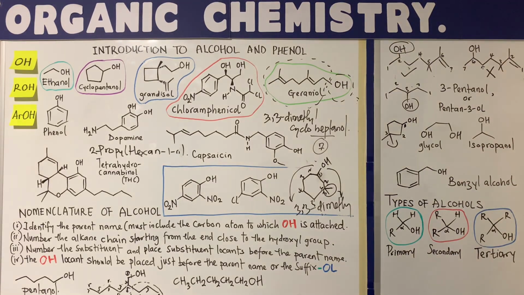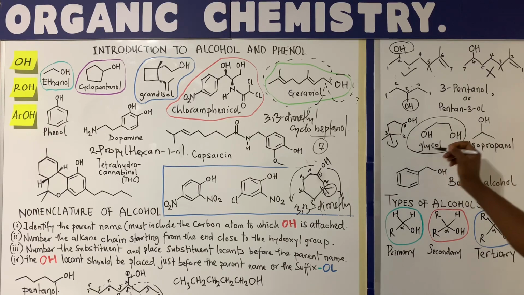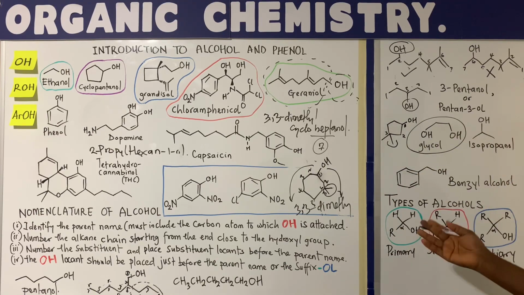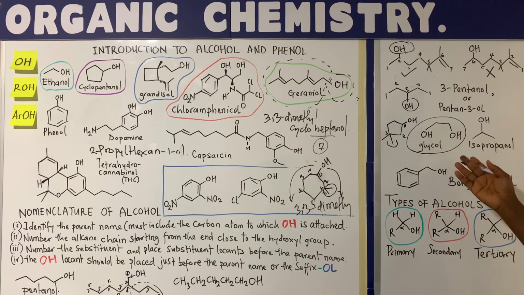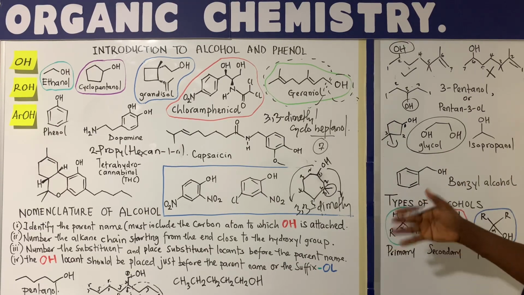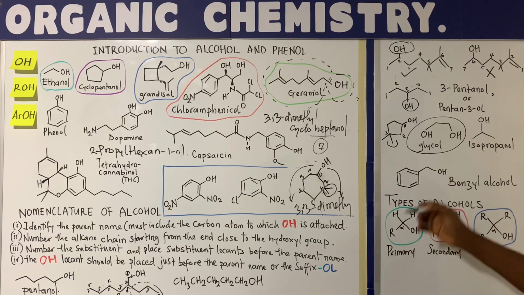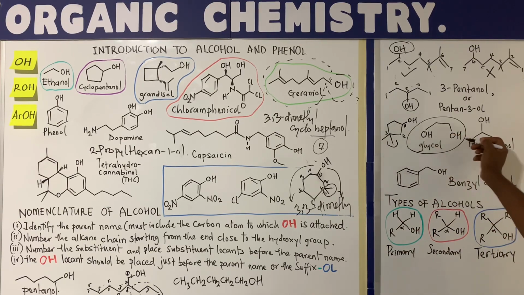So that said, let's look at the next thing here, which is the glycol. So this compound is glycol. I just put this here to tell you that we can have more than one OH group, more than one hydroxyl group, more than one alcohol group in a compound. And this is an example. It has 2 OH groups.